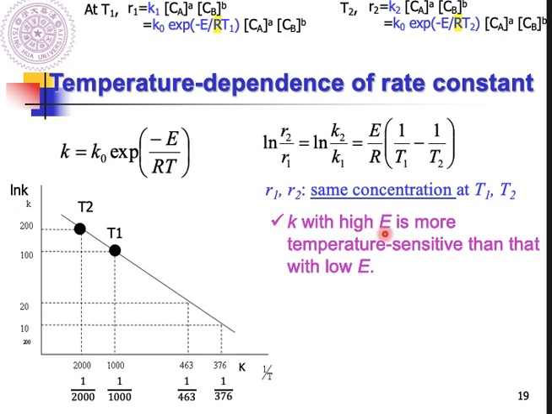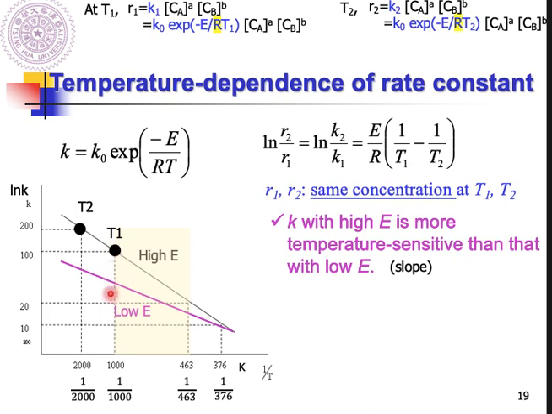A k with high activation energy is more temperature sensitive than one with lower activation energy. So the slope corresponds to the activation energy. If I have two chemical reactions, one with a higher activation energy and one with a lower activation energy, and I monitor this temperature regime, being more sensitive actually means having a higher slope, right?